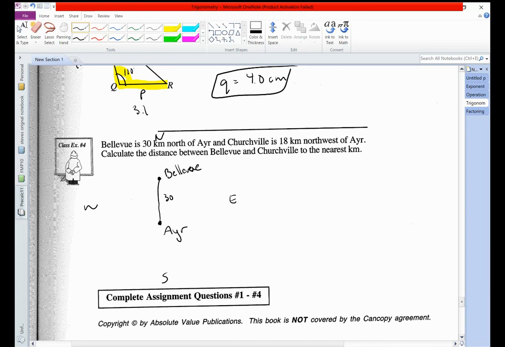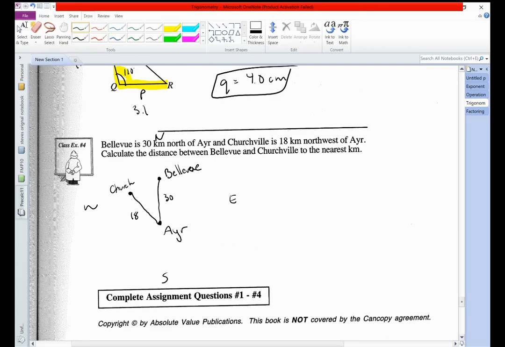northwest is going to be this way. So Churchville is 18 kilometers that way. Calculate the distance between Bellevue and Churchville.